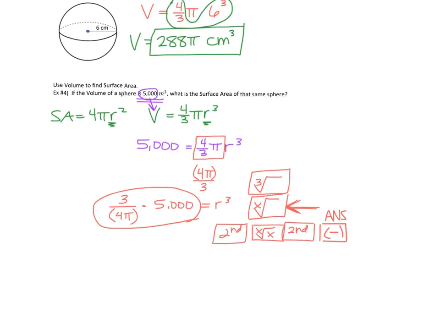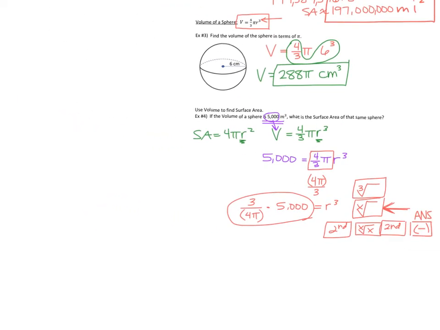Okay, for those of you that don't want to do that, let's lay it out over here. 5,000 equals 4/3 times pi times the radius cubed. Okay, if you don't want to do it that way, you would multiply both sides by 3/4. That's going to get rid of our fraction.